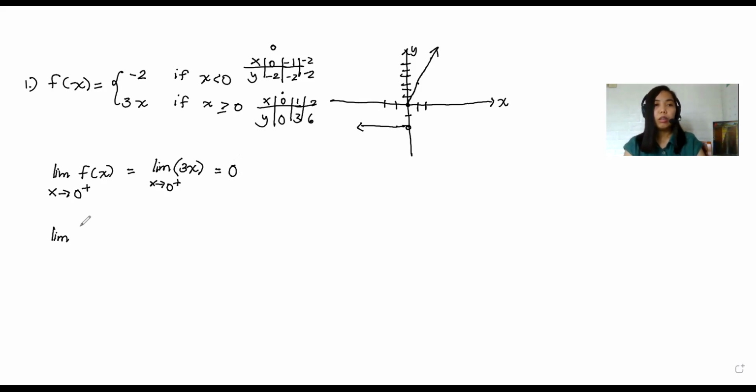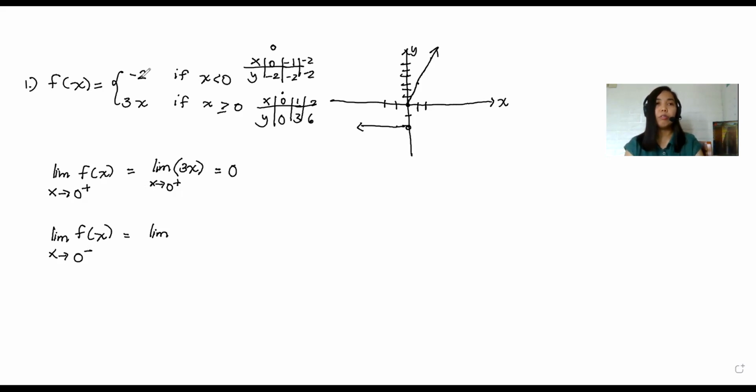Next, the limit of f of x as x approaches 0 from the left. So you choose a function wherein the value of a is on the left of a. We choose the function for 0 from the left, the one with less than.